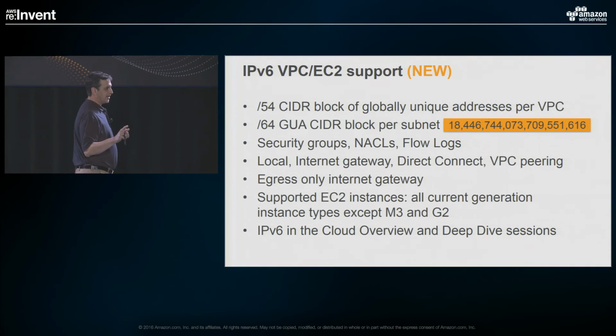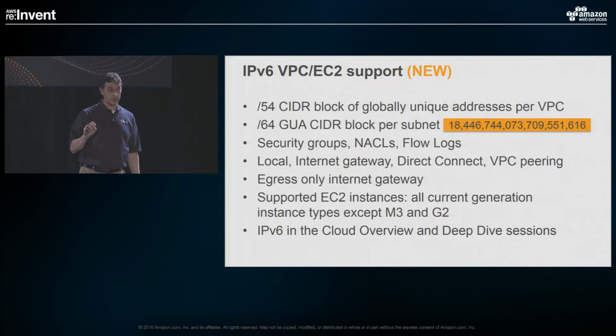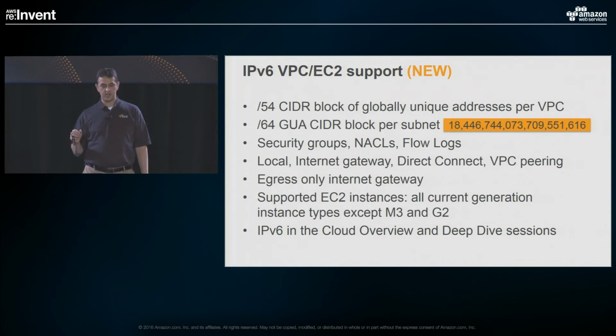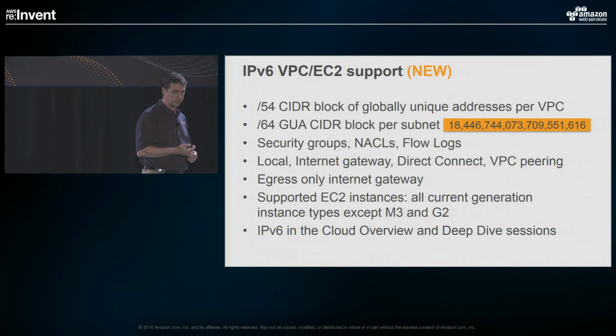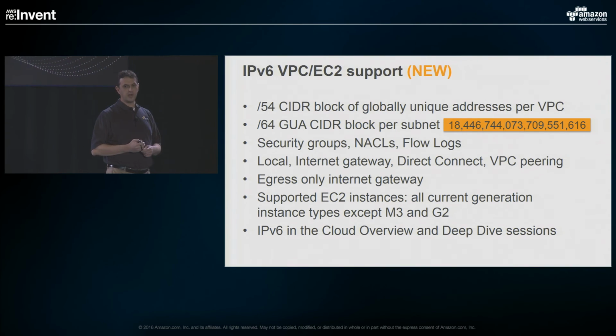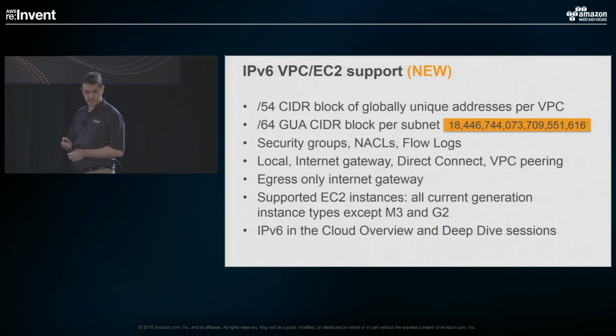Now, I just want to point out some things that are not yet supported as of the launch, but are things that we are working on. Those are VPC endpoints, which don't support IPv6 today, VPN connections, and DNS resolution. So there are more things that we are actively working on and hopefully will have available to you shortly.